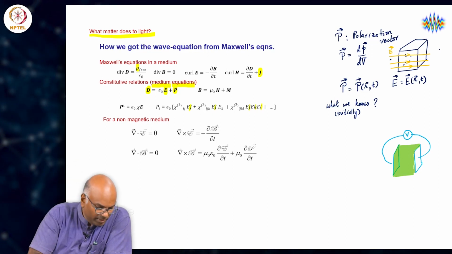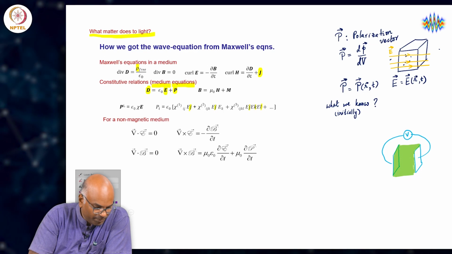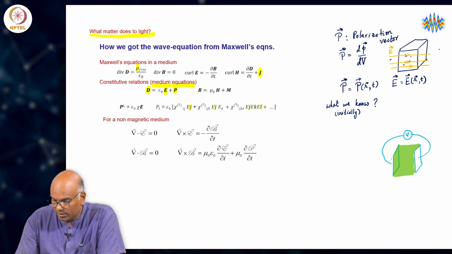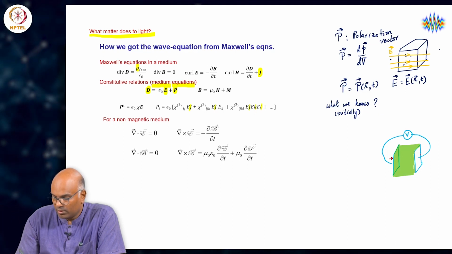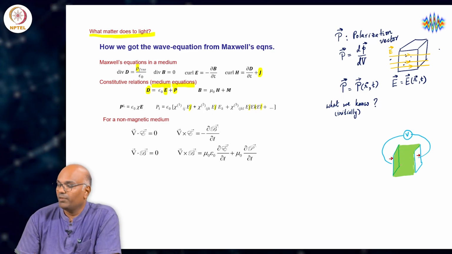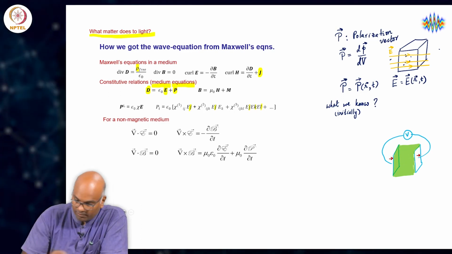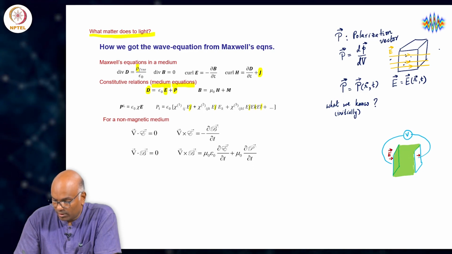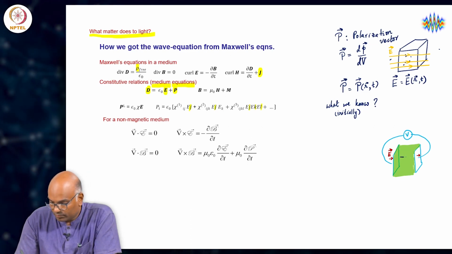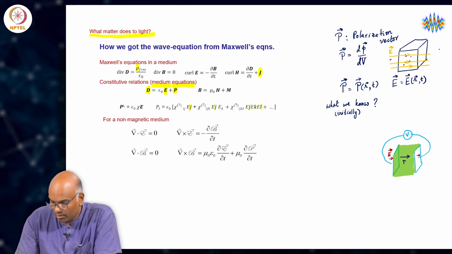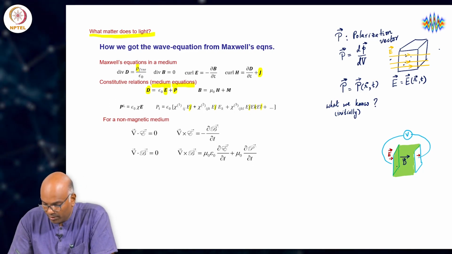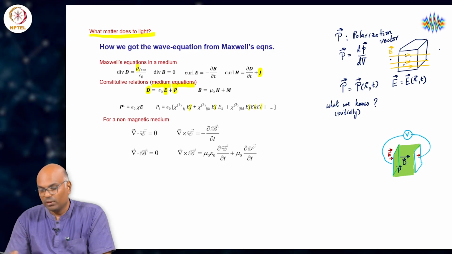Obviously, the medium in this case has to be a dielectric, and onto this we apply an electric field aided by the capacitor, and that field gets modified inside the medium. So, this is E, and the field inside is D. At every point you have a P.